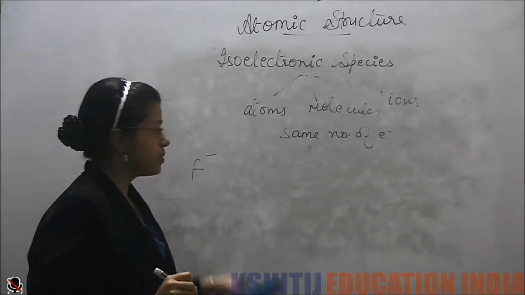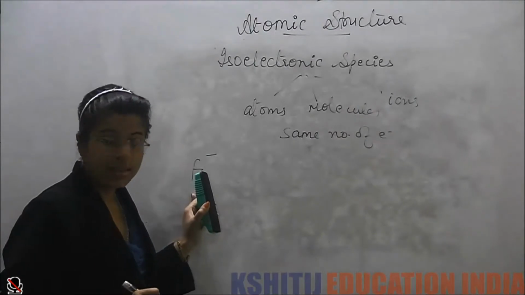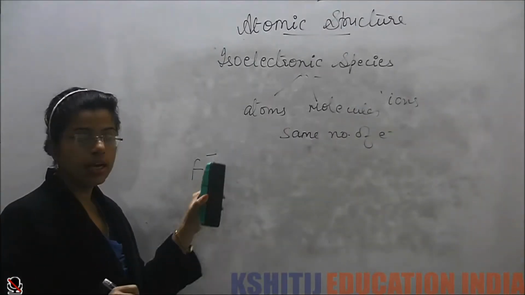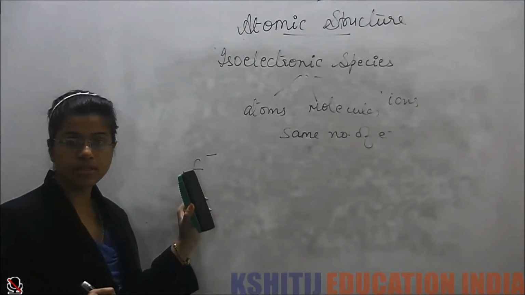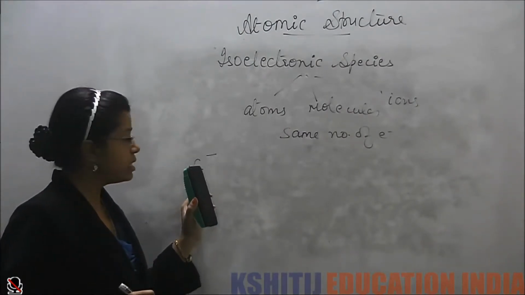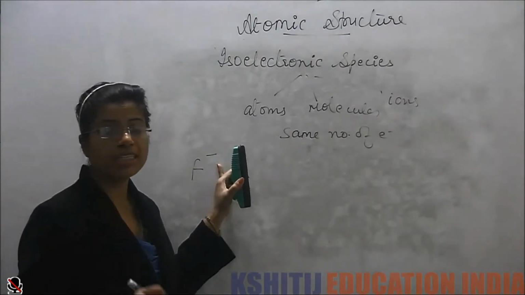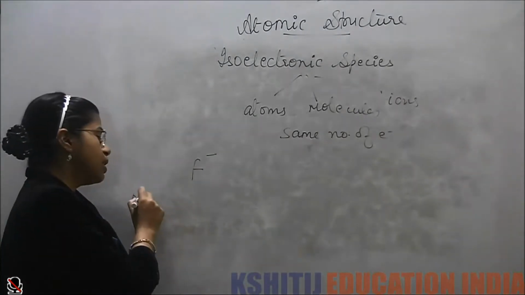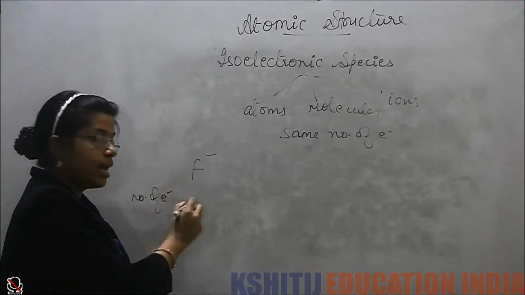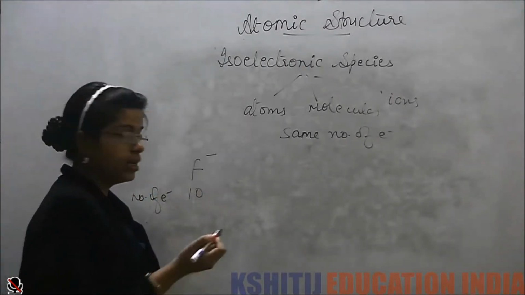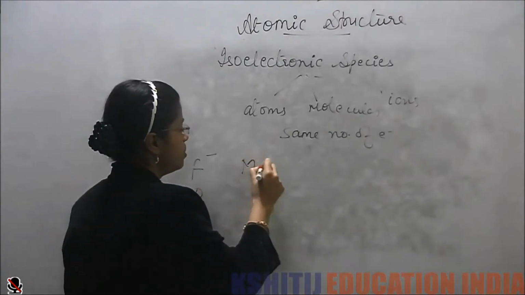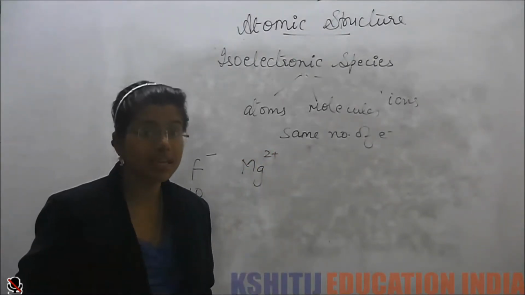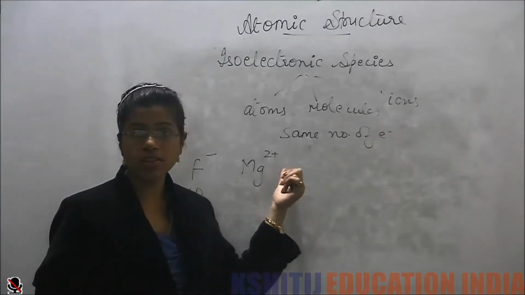For example, fluoride ion, atomic number is 9, but it has one extra electron in it. Normally the fluorine atom consists of 9 electrons, but since it has one negative charge, that means one extra electron is present. So total number of electrons in this would be 10, right? Let us take Mg2+. Magnesium atom has 12 electrons, but 2 electrons are lost.